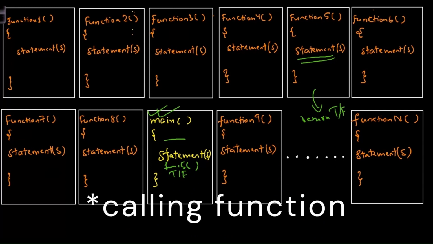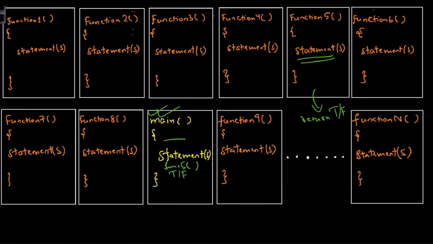When the latest function that has been called completes, it returns something, then the preceding function returns something, and so on. We will see everything, but this is the overview of the C programming language. Thank you very much.